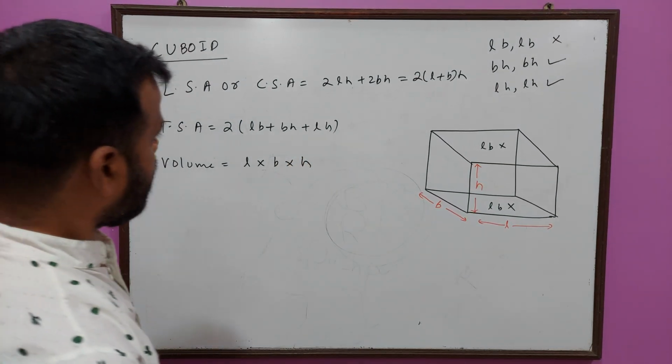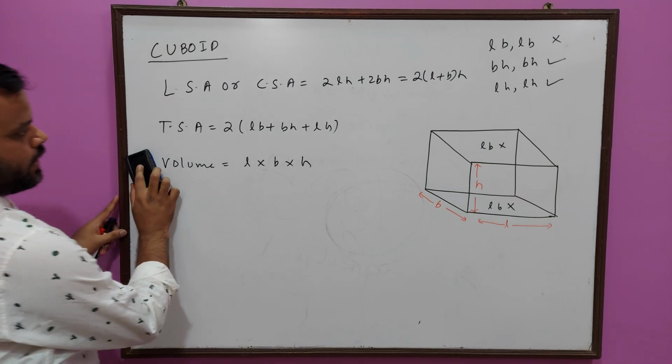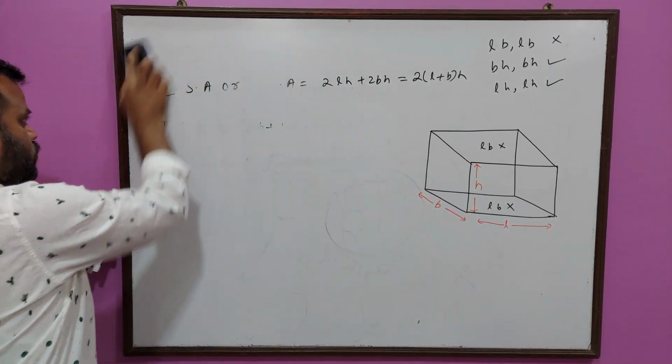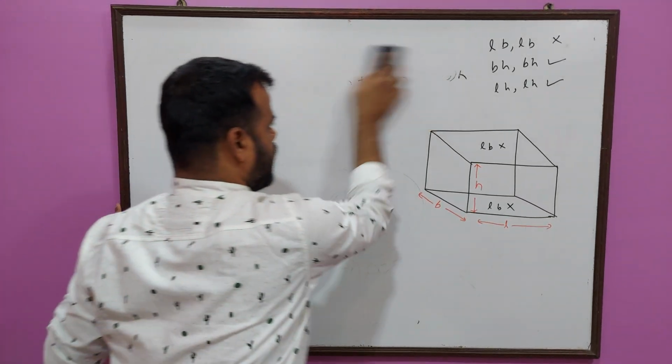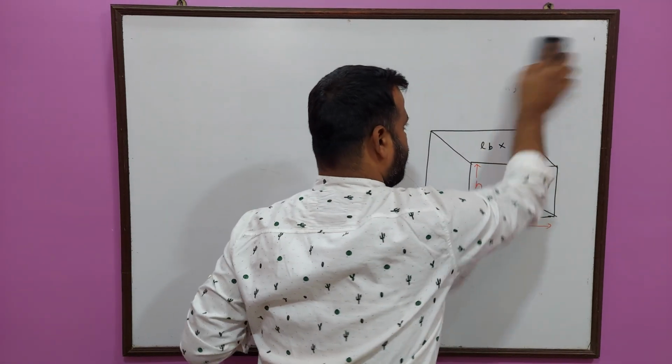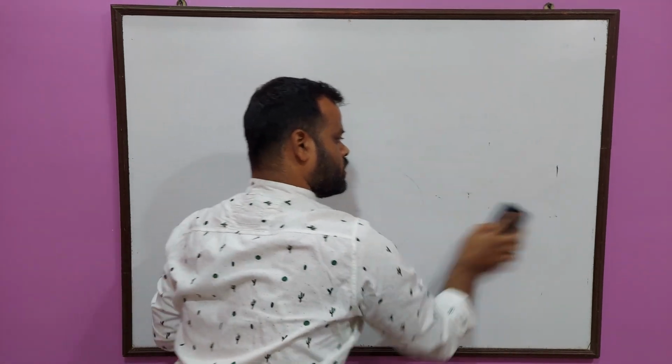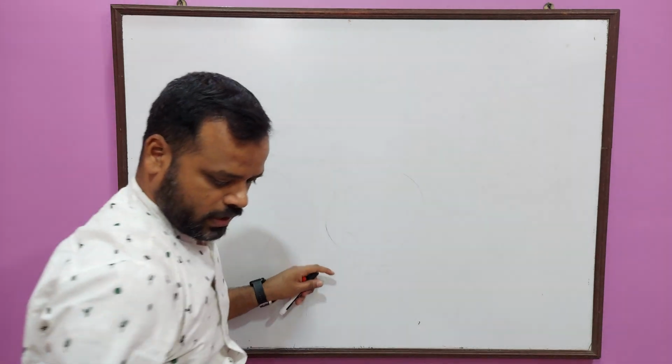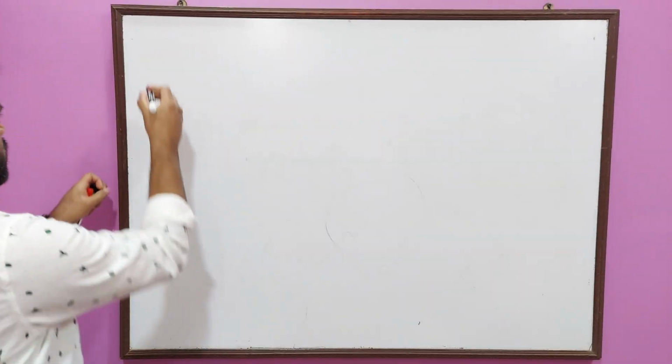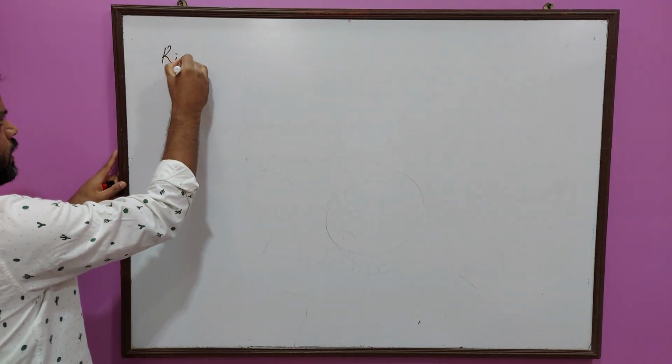Then we will go through the right circular cylinder. In a right circular cylinder, we know that it has 2 circular faces.